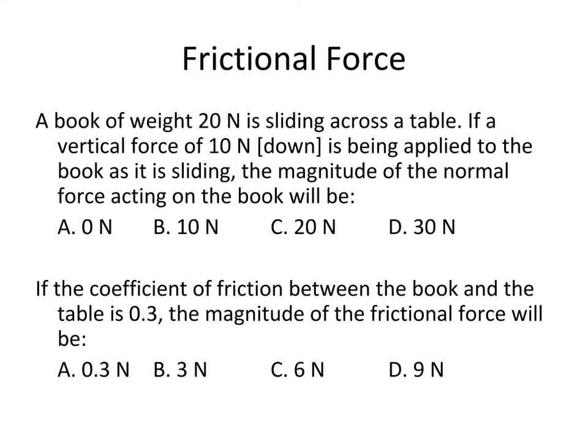well, we know the weight of the book is 20 newtons. So there's our weight, 20 newtons. The normal force must be acting upward, assuming that the table is horizontal. So there's our normal force.